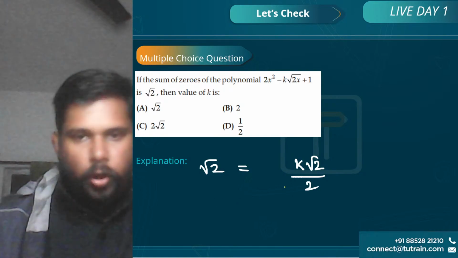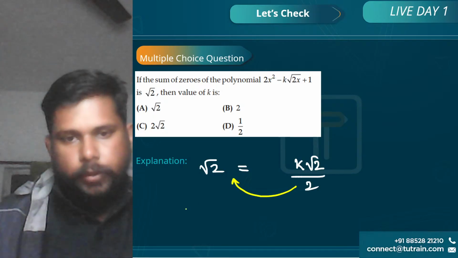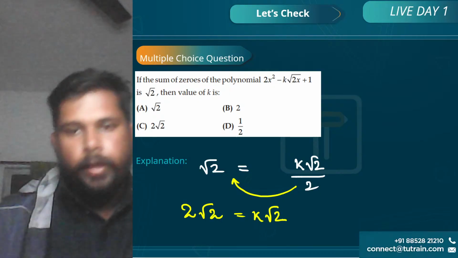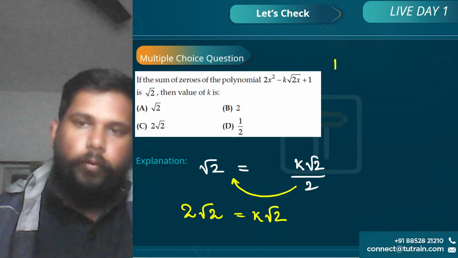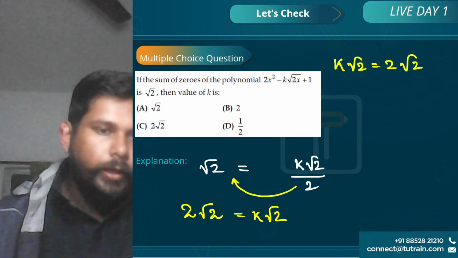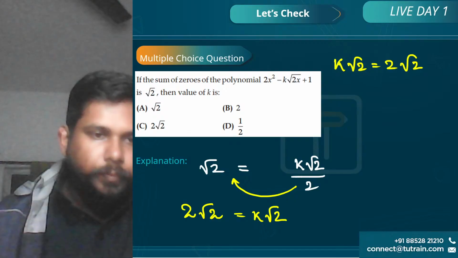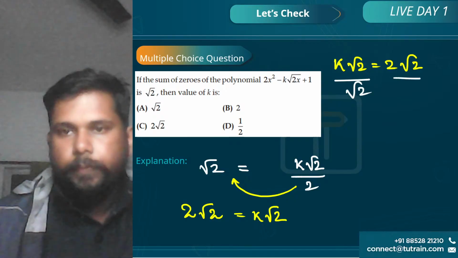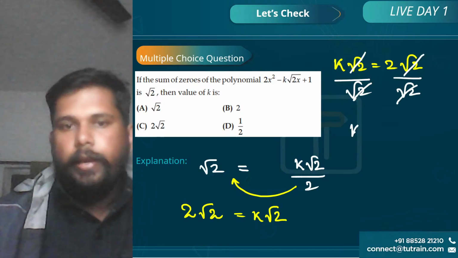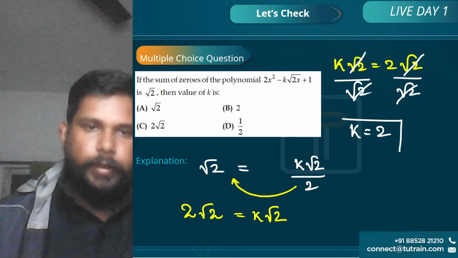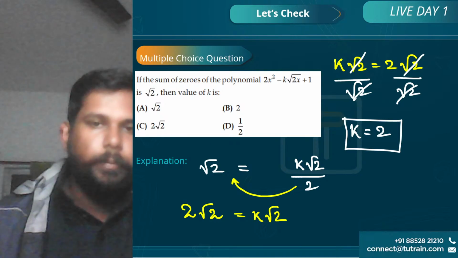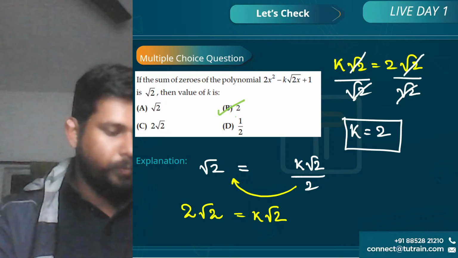If you cross multiply this will be 2 root 2 is equal to k root 2, right? Now to get the value of k, what should we do? We should divide both sides by square root 2, right? So now you can see the value of k is equal to 2. So the correct answer is option B, which is 2, right?